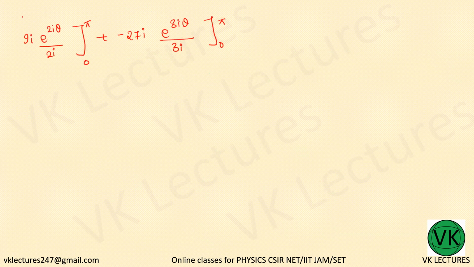So changing the limits here, the integration will be constant, the limits will vary. Here we have lower half of the circle, that is z equal to x plus iy, mod equal to 3.